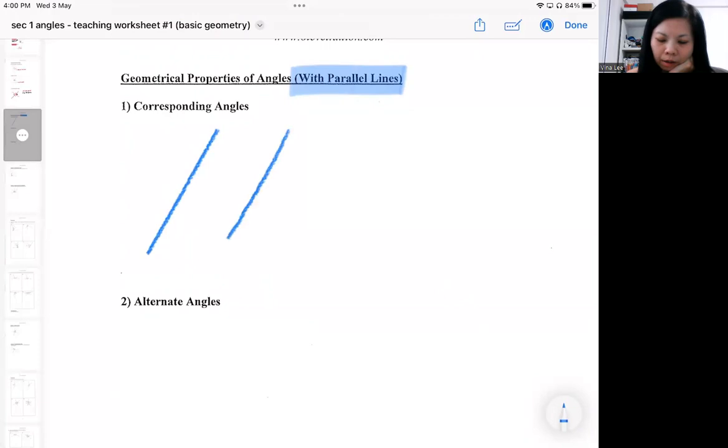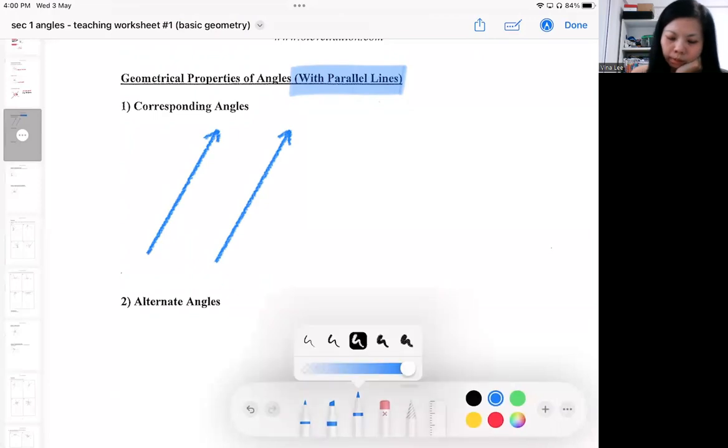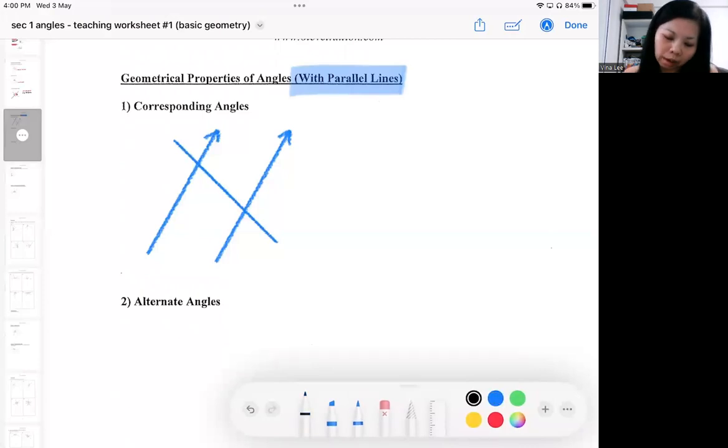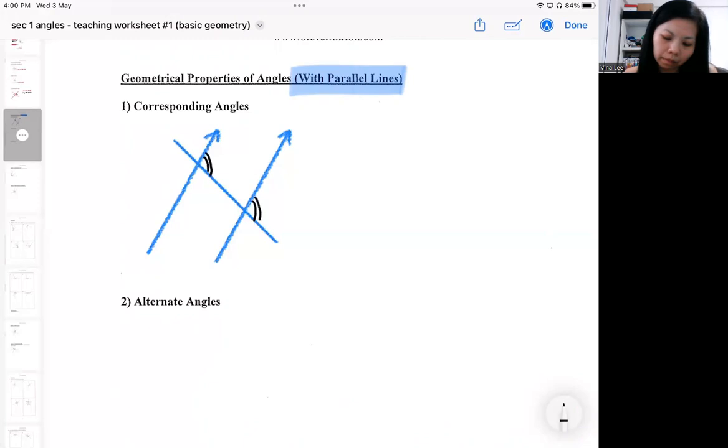So parallel lines are lines that move in the same direction. So you can see. Okay, so maybe I put it this way. So where is the corresponding angle? Corresponding angles are like this. These two are called corresponding angles.